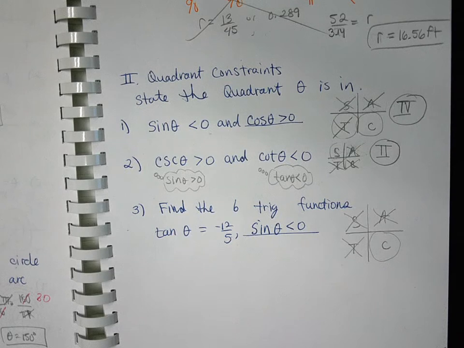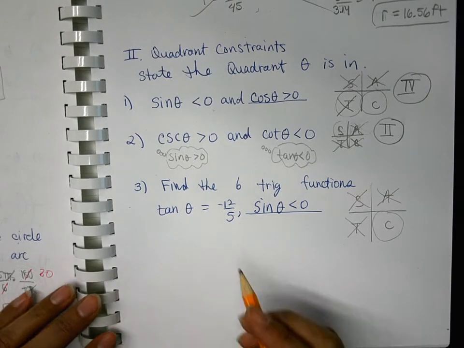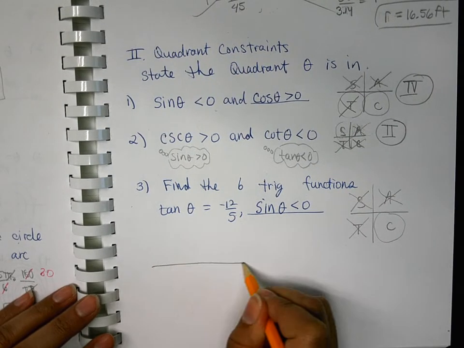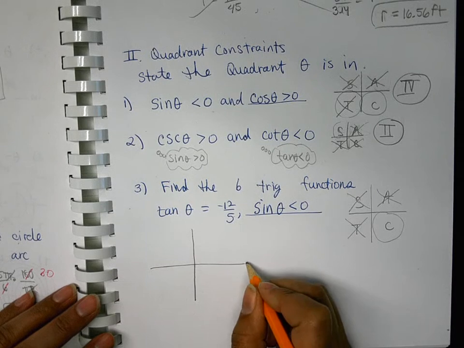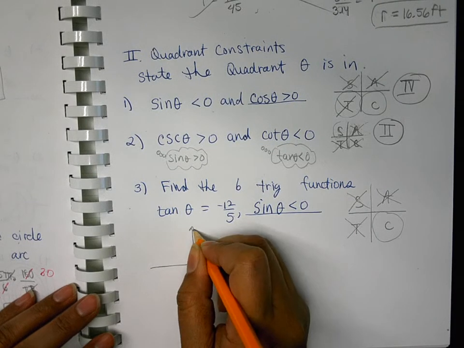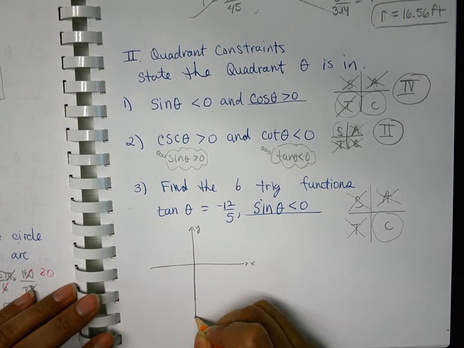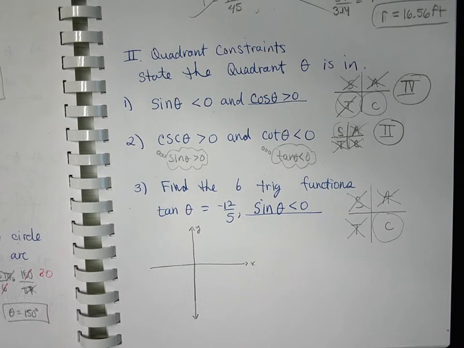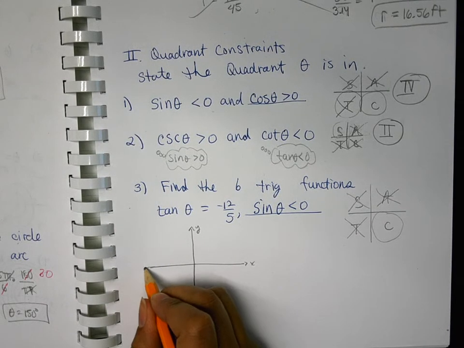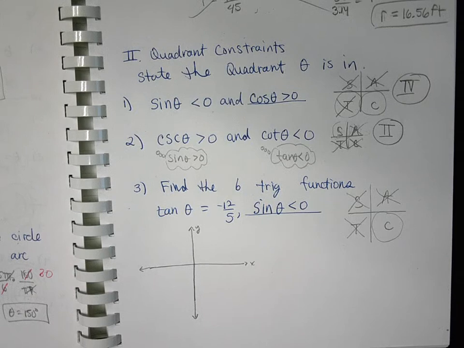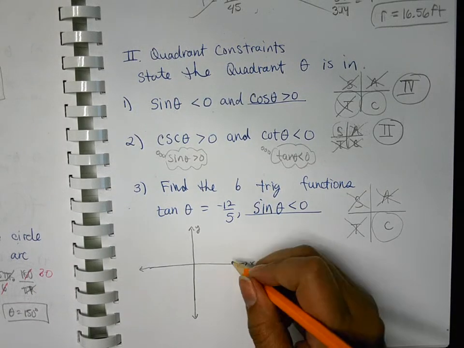All right, so what we're going to do in this space here is actually draw our coordinate plane, our x and y axis. All right, and what quadrant did we say? 4? Yes?